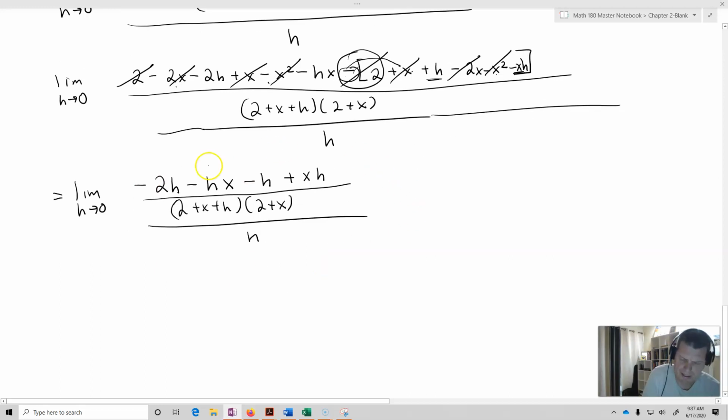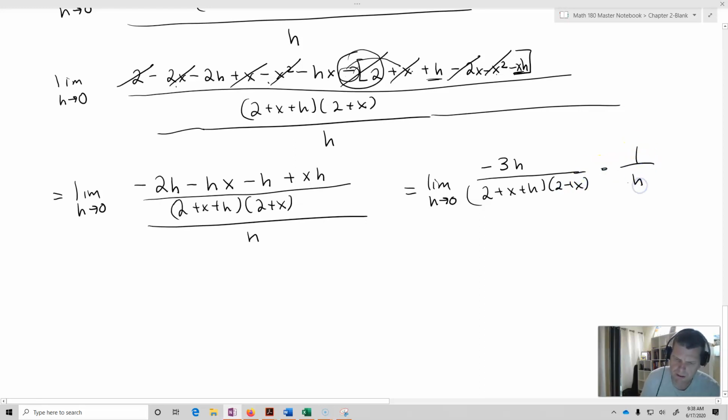Now, if you remember, this is a fraction, so this is going to equal the limit as h approaches 0 of, combining like terms, negative 3h divided by 2 plus x plus h times 2 plus x, and then times 1 over h.